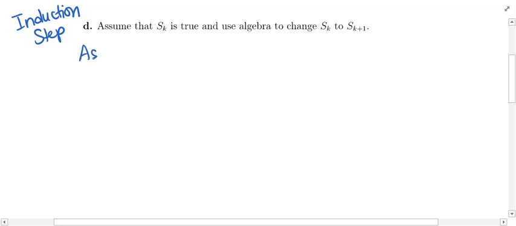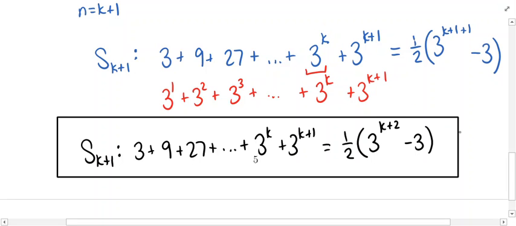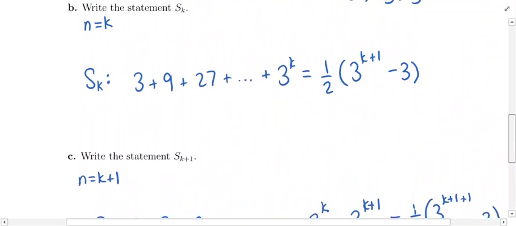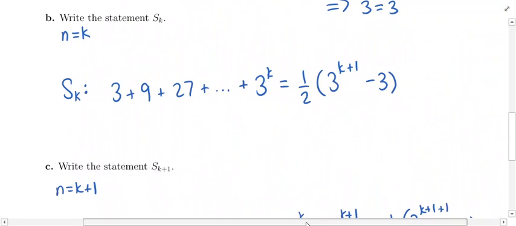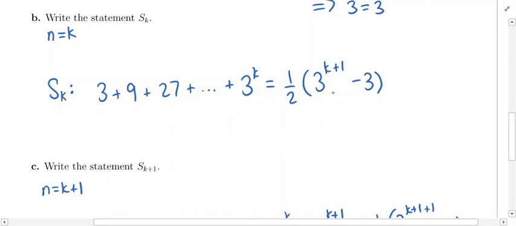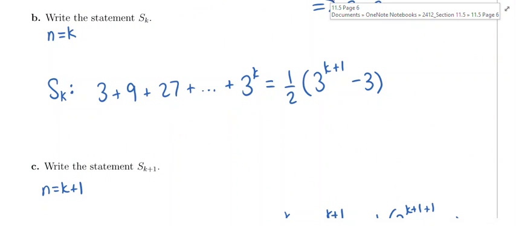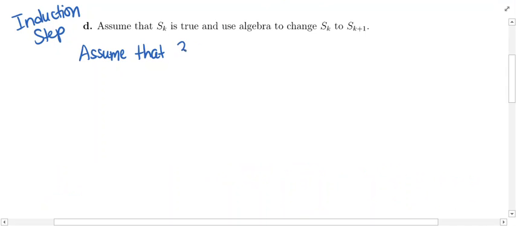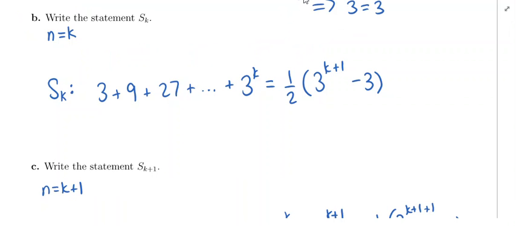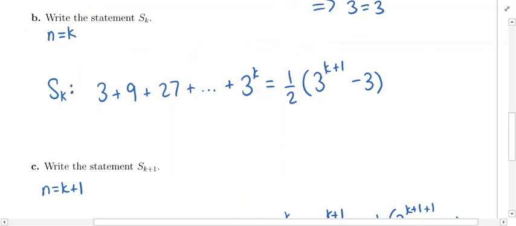So I'm going to write down, assume that. I'm going to go back to page 5, back to part B, and I'm writing down S of k. I'm assuming that this is true. So just go ahead and write the whole thing down. We're assuming that 3 plus 9 plus 27 plus all the way to 3 to the k is equal to 1/2 times 3 to the k plus 1 minus 3.